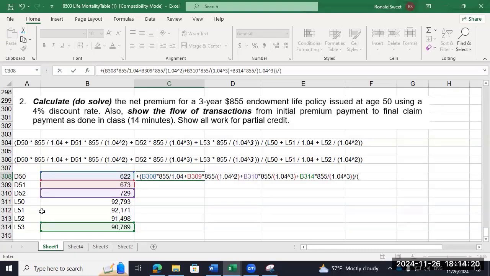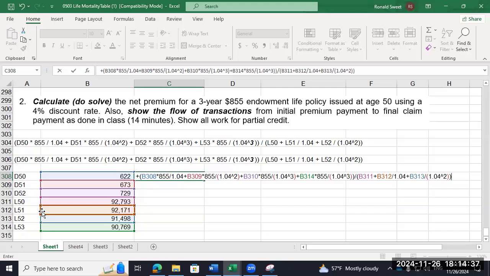Divide all of that by the sum of. Make sure you get your parentheses in the right place. So you got to add L50 plus L51 divided by 1.04 plus L52 divided by 1.04 the second.